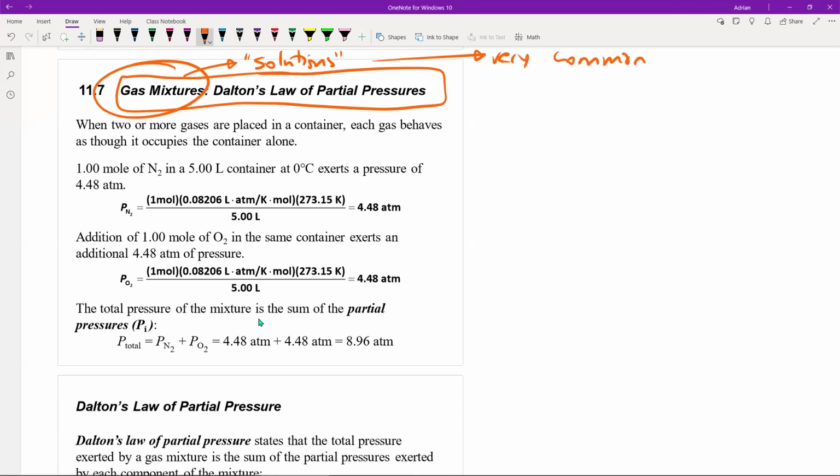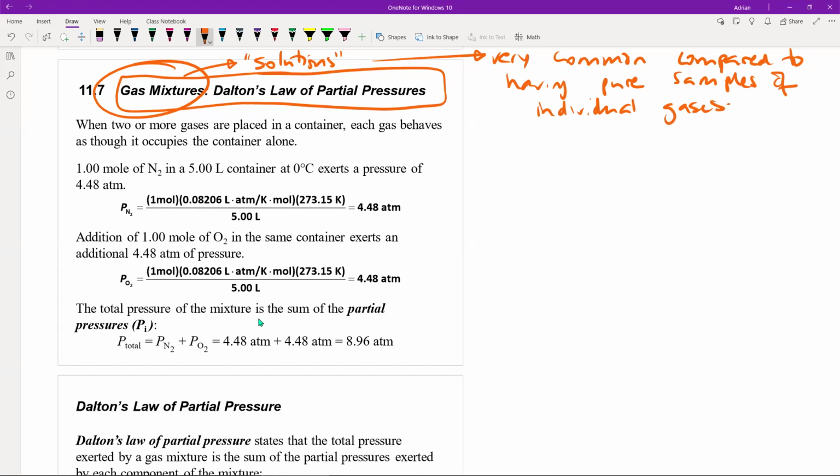You look at mixtures of gases compared to just pure, individual gases. In other words, we encounter gas mixtures very often, as opposed to just individual gas samples.